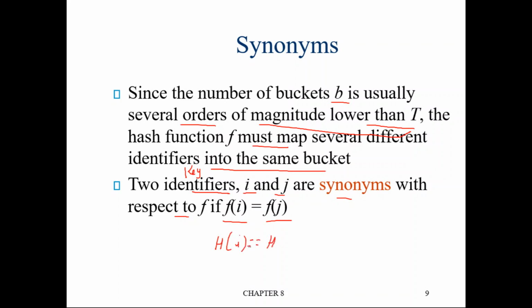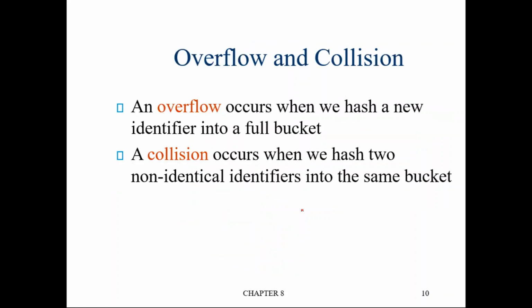If h of I is some q, then h of J is also q. It means both these keys are mapping to the same location. Then we say that I and J are synonymous, and as a result they will create collision.